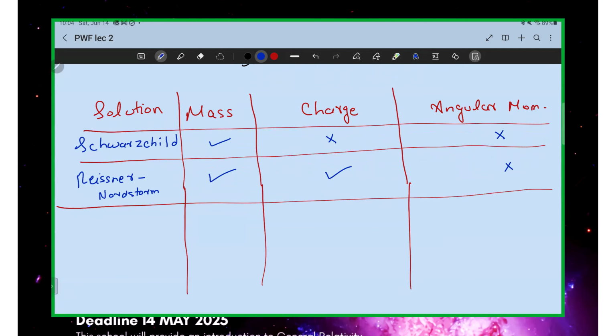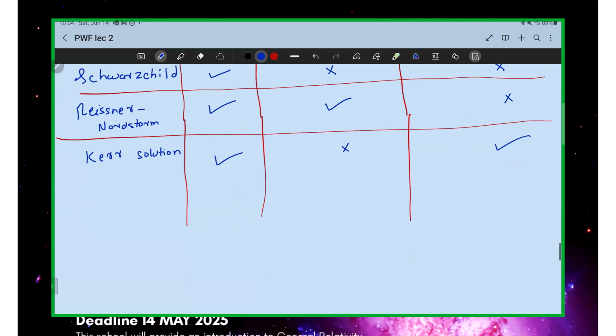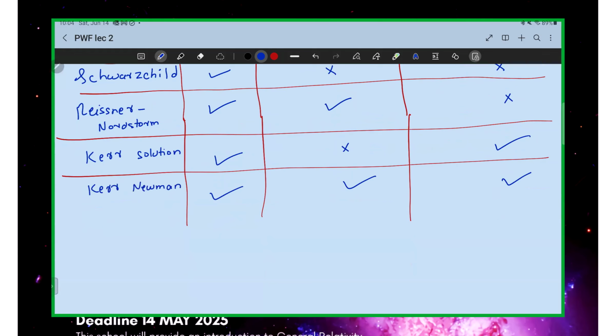What if you have mass and angular momentum, but no electrical charge? Well, this solution is called the Kerr solution. And if you have all three, mass, electrical charge, and angular momentum, then it is referred to as the Kerr-Newman solution.